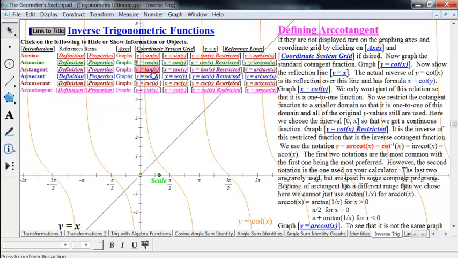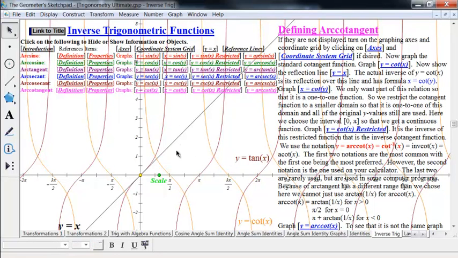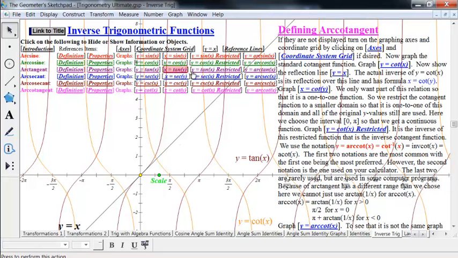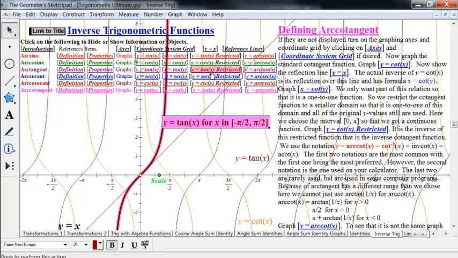Right here. Notice we could go between negative pi over 2 and pi over 2, or between 0 and pi over 2, and we would still get all the y's used once. But what do we do for tangent? We like to pick it so that it's one connected piece. So we chose tangent to restrict from minus pi over 2 to pi over 2.